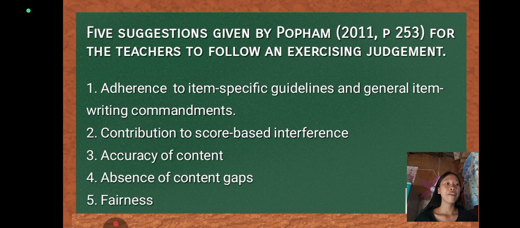Number 5 is fairness. Very important inside the classroom. The discussion on item writing guidelines always gives warning on unintentionally favoring the uninformed students to obtain higher scores. Fairness ensures that all students have an equal opportunity to demonstrate their knowledge and skills regardless of background and other irrelevant factors, despite how rich or how poor.